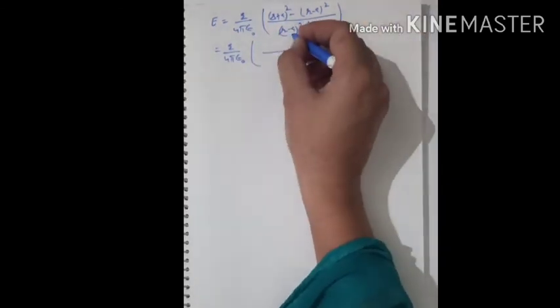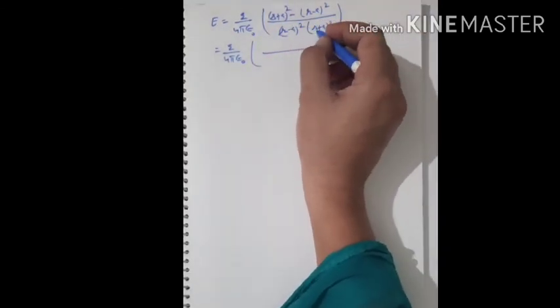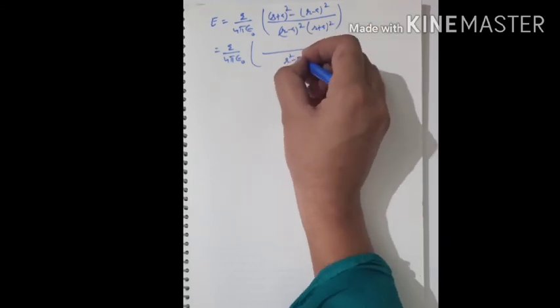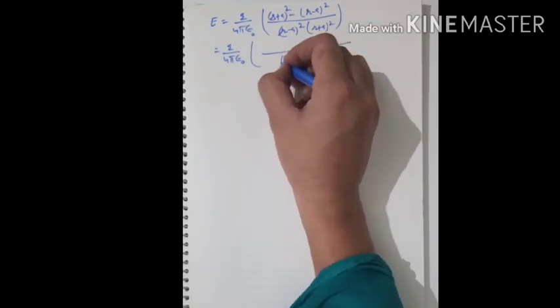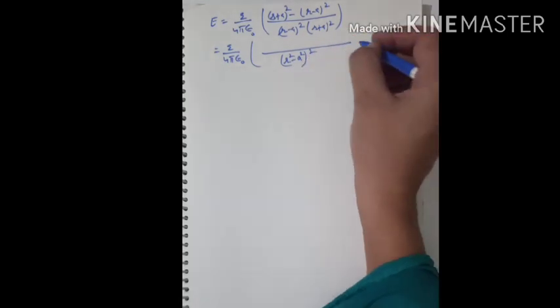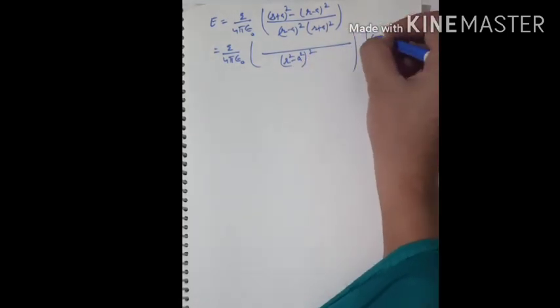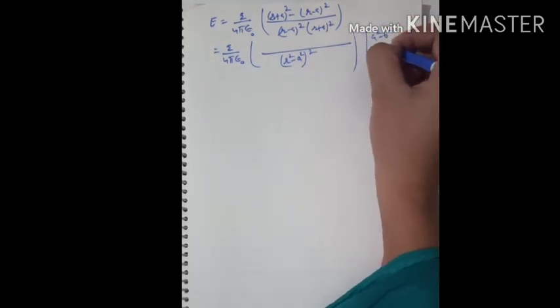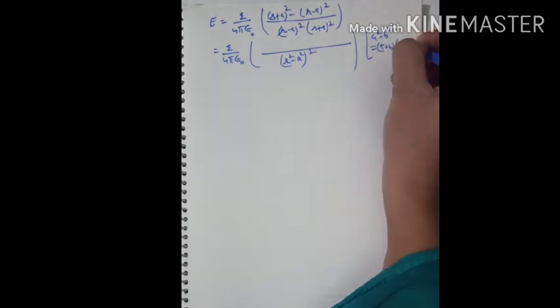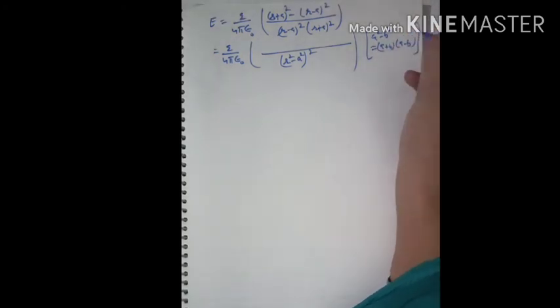So this is equal to q by 4 pi epsilon naught. Again this is a minus b, a plus b. Now apply the formula here. So this becomes (r square minus a square) whole square, because a square minus b square is equal to (a plus b)(a minus b).